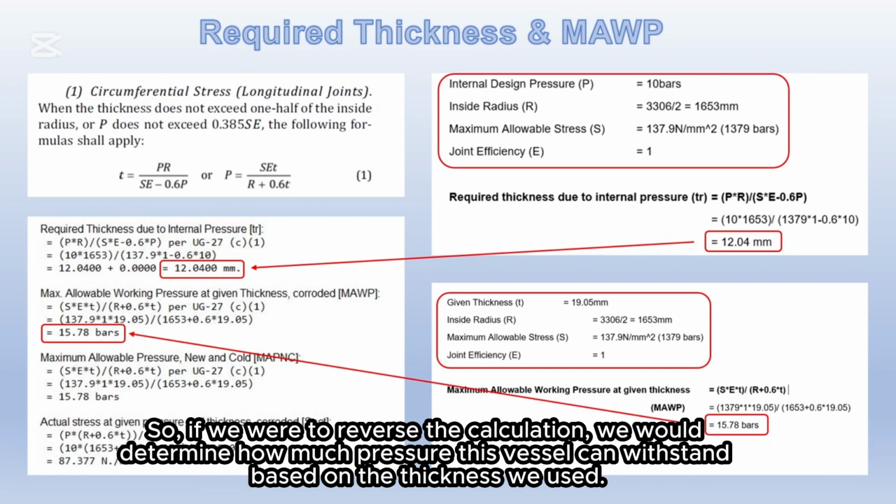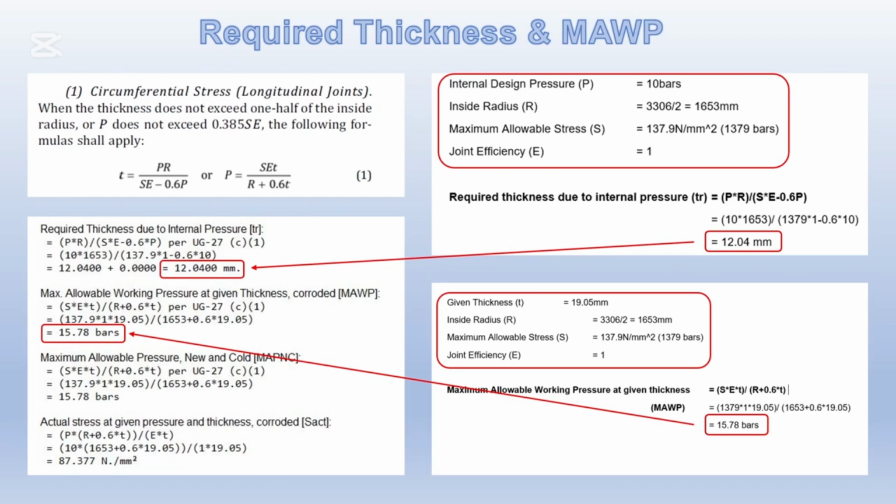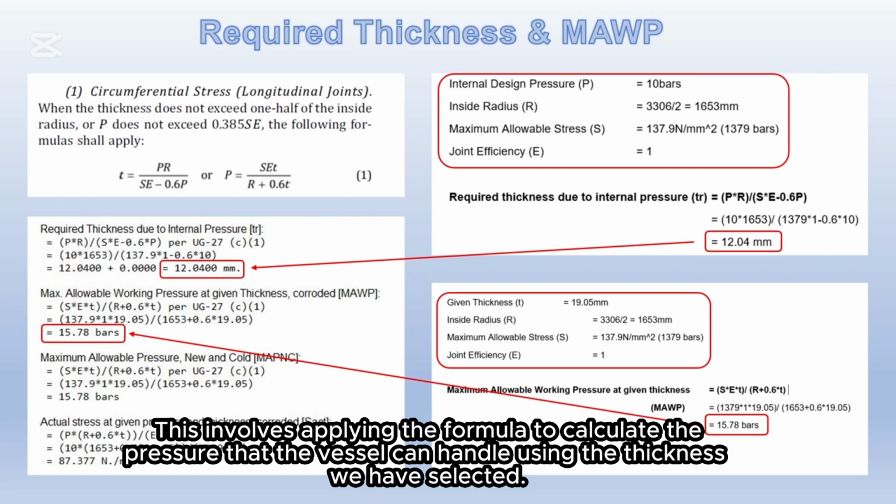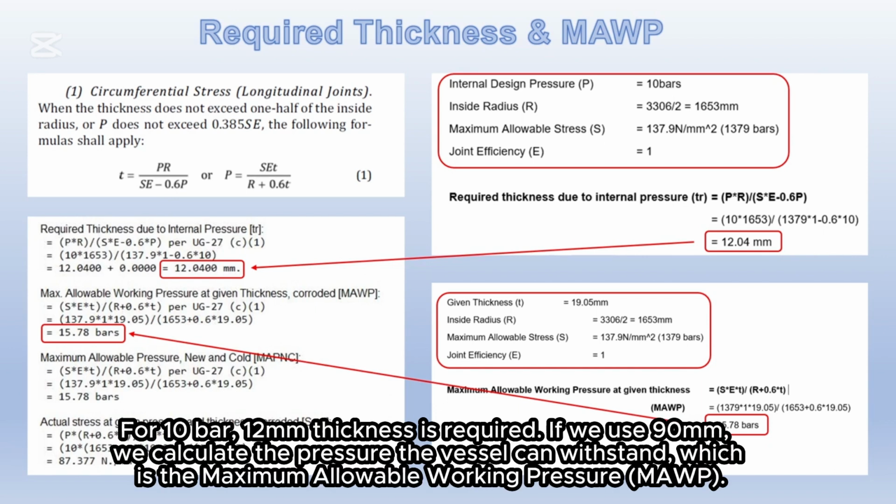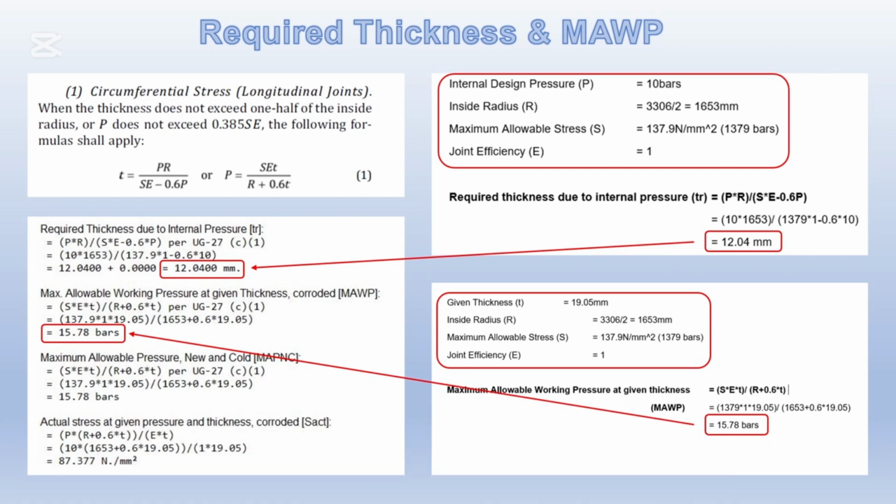If we were to reverse the calculation, we would determine how much pressure this vessel can withstand based on the thickness we used. This involves applying the formula to calculate the pressure that the vessel can handle using the thickness we have selected. For 10 bars, 12 millimeters thickness is required. If we use 19 millimeters, we calculate the pressure the vessel can withstand, which is the maximum allowable working pressure, MAWP.